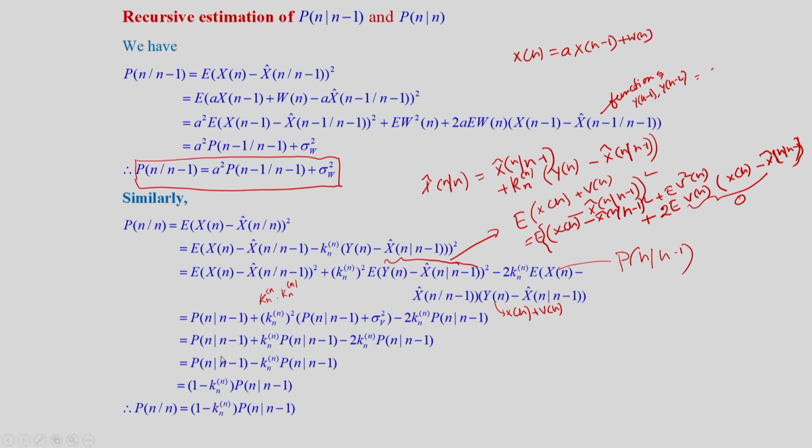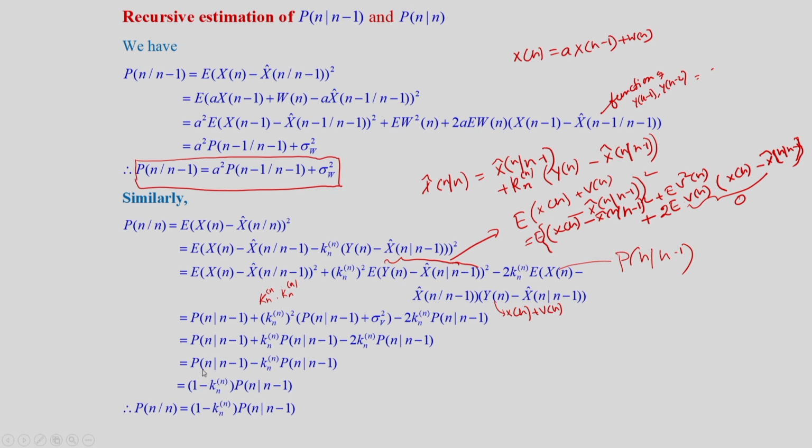So, therefore, we have P of n given n minus 1 plus k n into P of n given n minus 1 minus 2 k n into P of n given n minus 1. So, one P of n given n minus 1 will get cancelled. So, we will have only one term here.